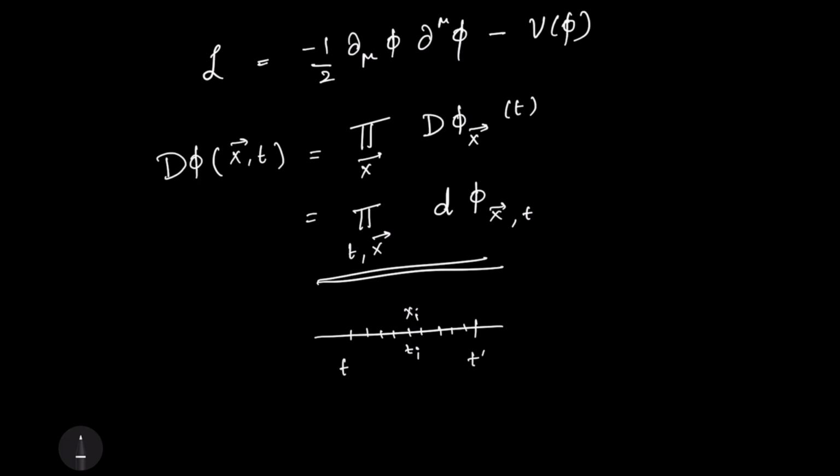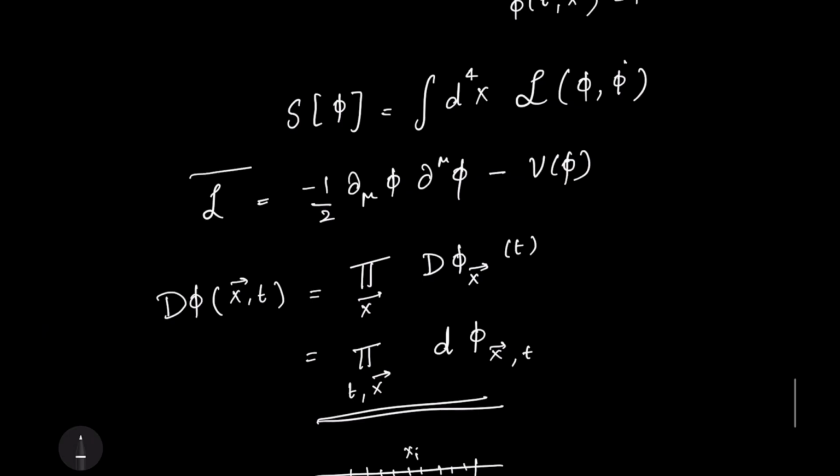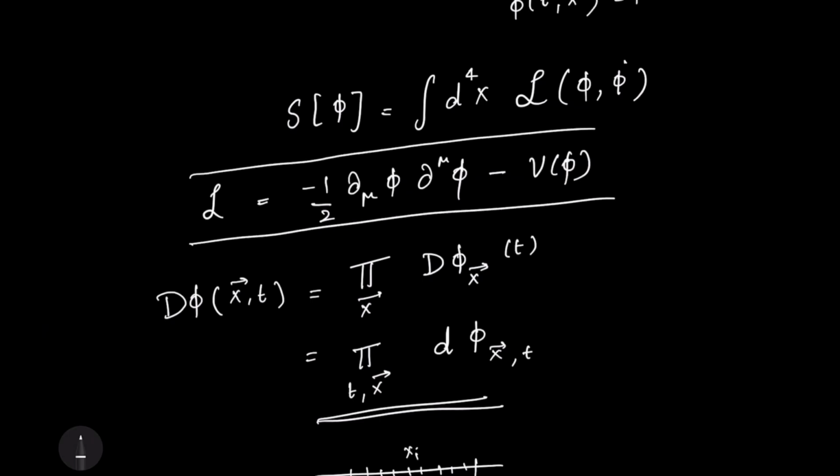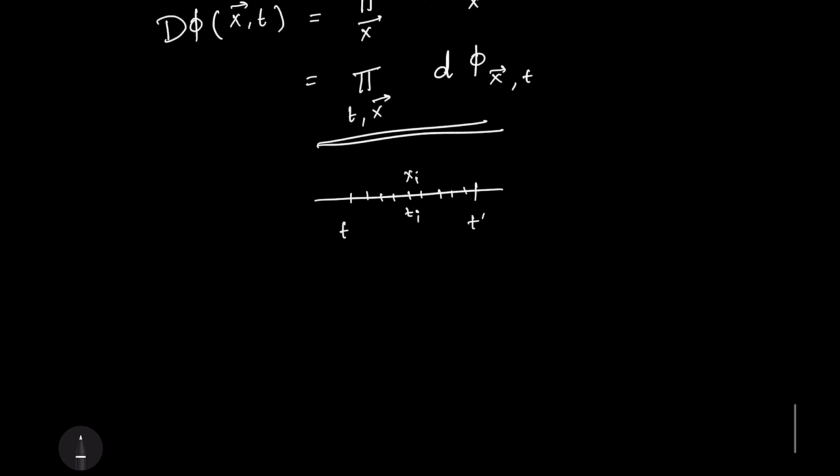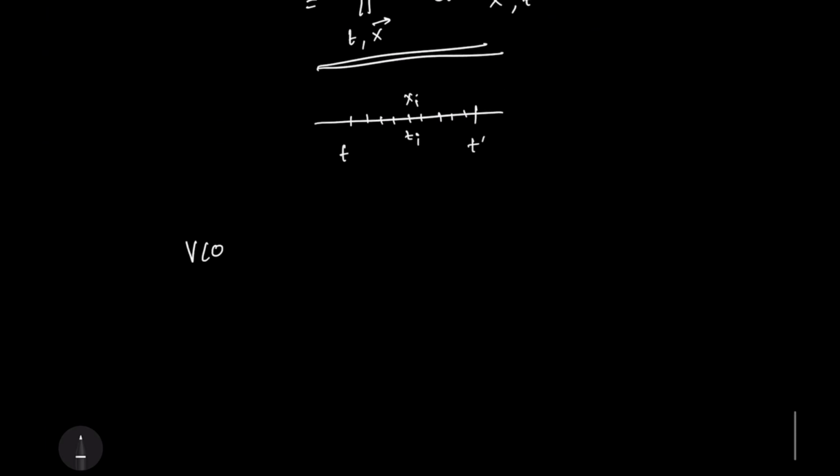So here we can choose any potential V of phi. In the case of a single particle with no interaction, the simplest form of the potential in terms of phi will be half m squared phi squared. Okay, so this is the simple potential. The potential is simple and also the path integral is Gaussian.